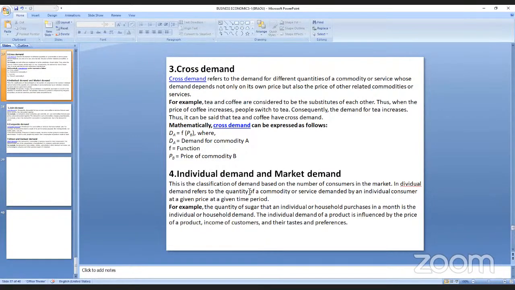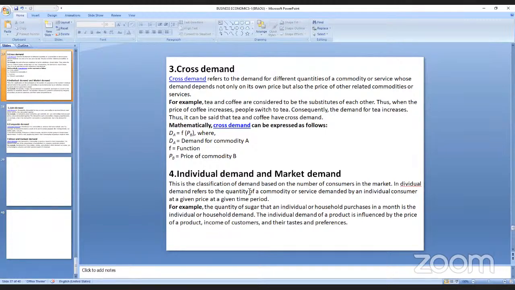Understood? Individual demand and market demand. Individual means individually, where it is based on the number of consumers in the market. Individual demand refers to the quantity of a commodity or service demanded by an individual consumer at a given period of time.